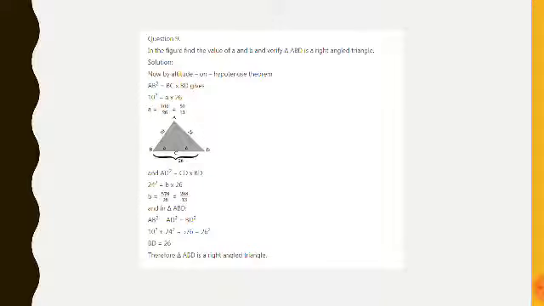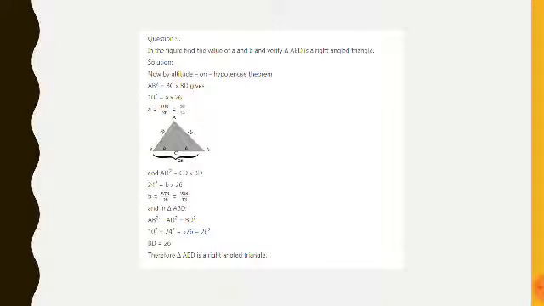Next one, AD square equal to CD into BD. 24 square is equal to B into 26. 576 divided by 26, numerator and denominator divided by 2, we get the value 288 by 13.